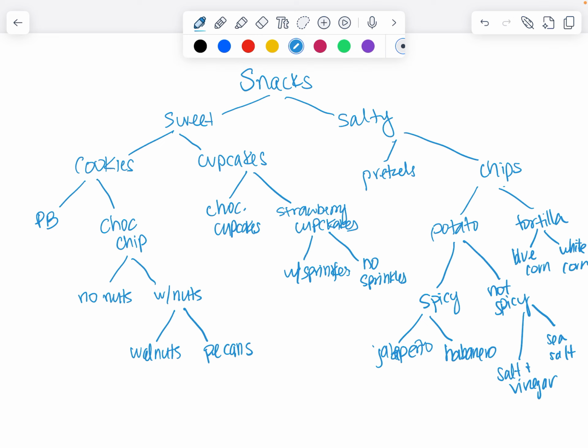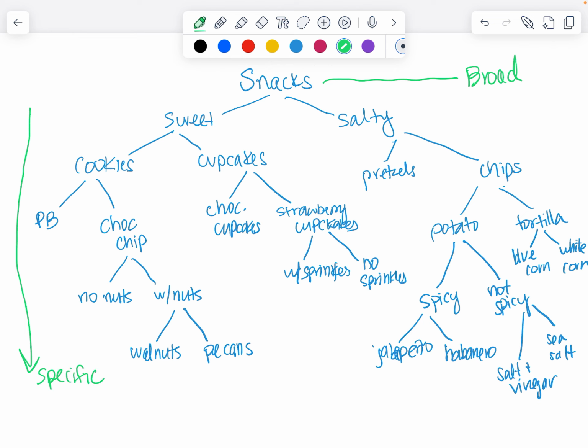And what I want to point out to you is that a tree diagram starts out very broad up here, right? This is a broad category. And as we keep going down the tree, we get more and more specific. So this is broad, but as we keep going down here, we get very specific in our details, right?